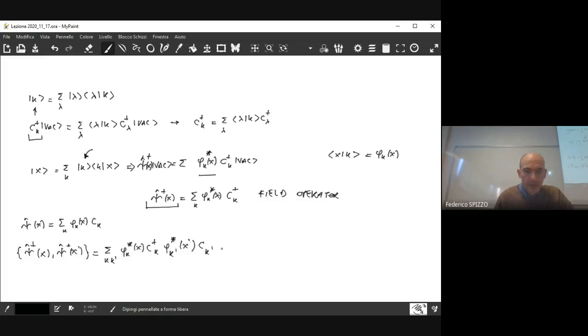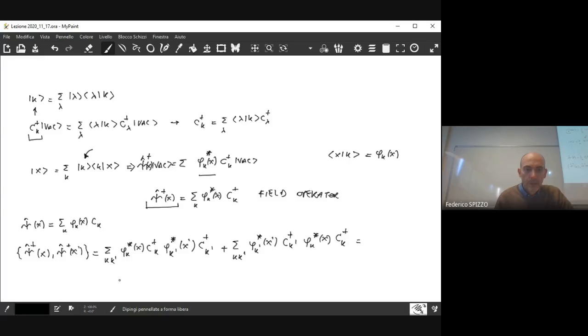Then we have the second part of the anti-commutator, so we have to sum again over K prime. In this case, we have to switch the order, so we have phi K prime conjugated X prime and, sorry, I forgot the cross here, C cross K prime. Then again, also here, C cross K prime, phi K conjugated of X, C cross K.